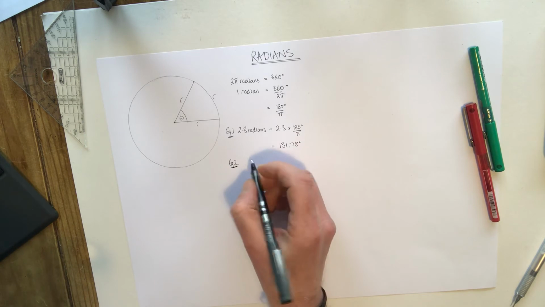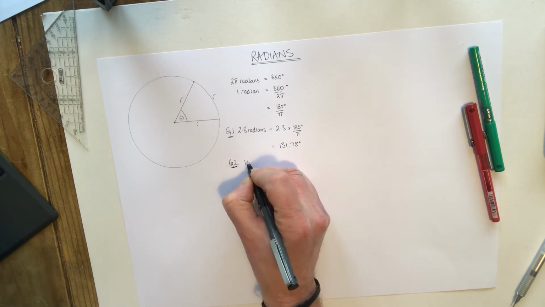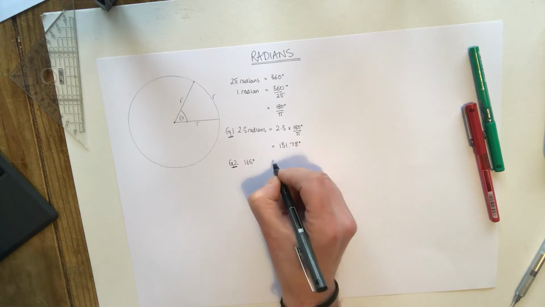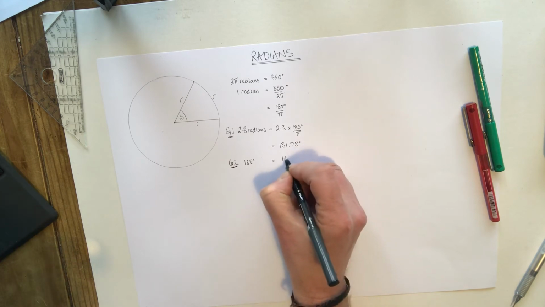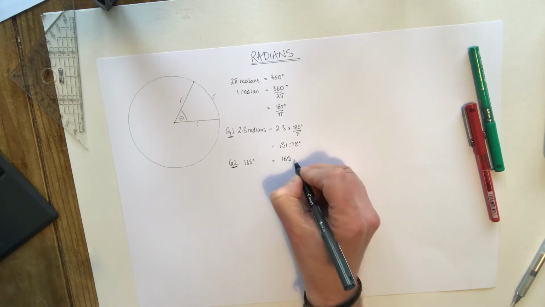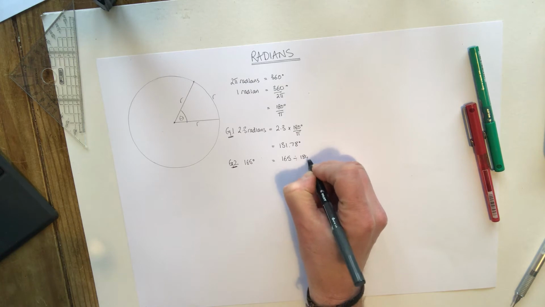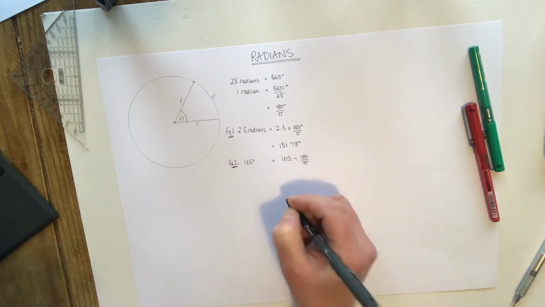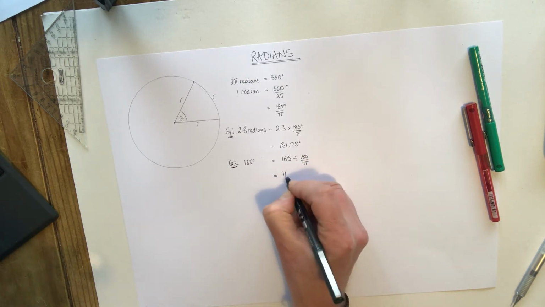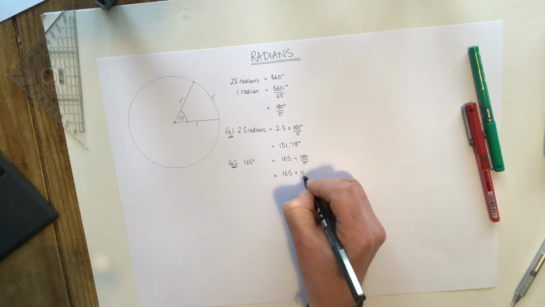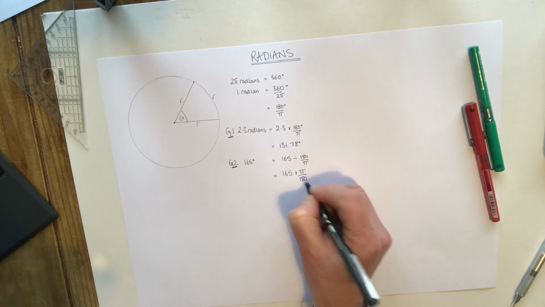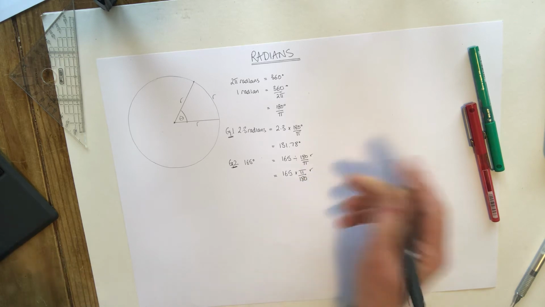Second example, converting from degrees to radians. So let's say 165 degrees. We're going to do 165 divided by 180 over pi, which you can obviously also write as times by pi over 180. So this is how many radians.